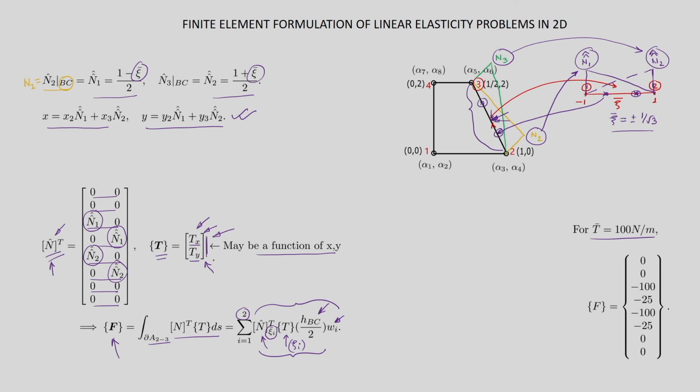We can calculate the corresponding components Tx and Ty, and in this case we have assumed it to be uniform, so it is not depending on x and y. If we assume all this and use the value of T as 100 Newton per meter, the force vector can be calculated as this. As you can see, the first two entries and the last two entries are 0. And since Tx and Ty are acting opposite to x and y, these non-zero entries are turning out to be negative.